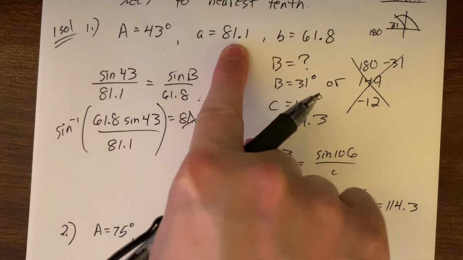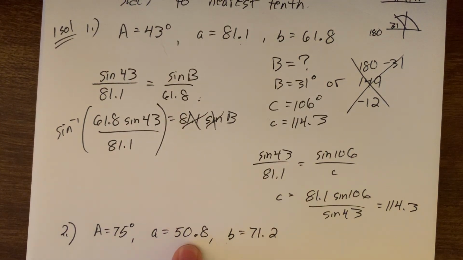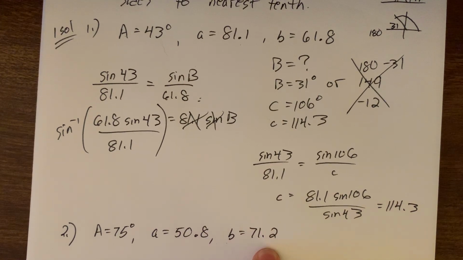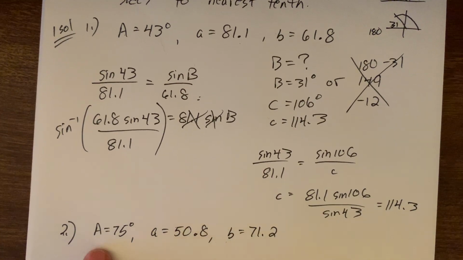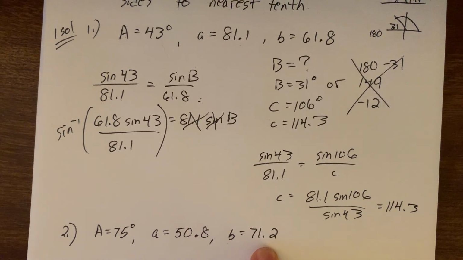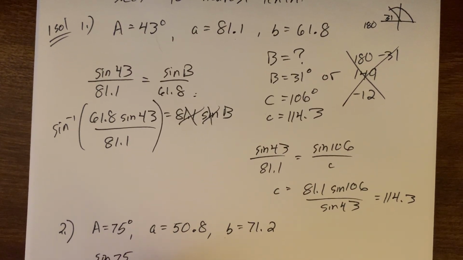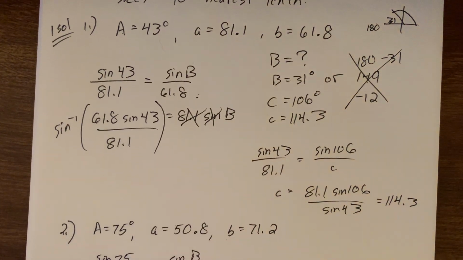Almost the exact same startup as the previous. By having the angle inside given, and then one more side, just like the previous one, I have to use this along with this to get angle B. That's where I'm going to start.